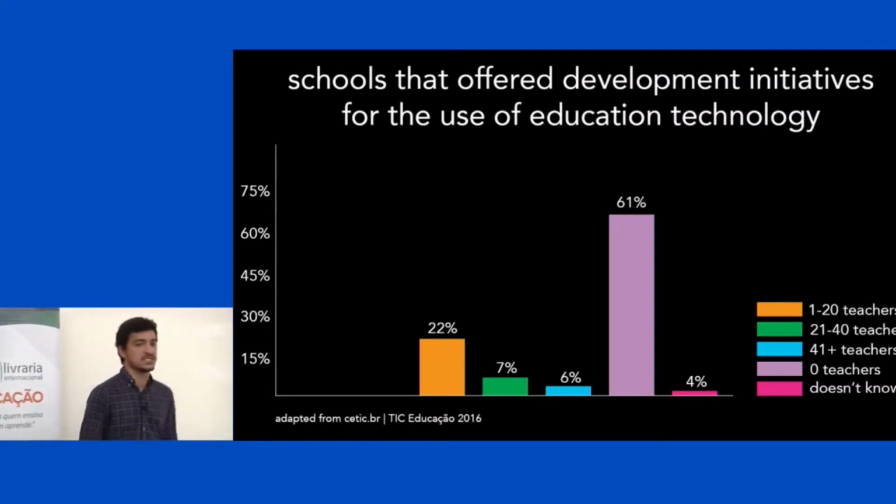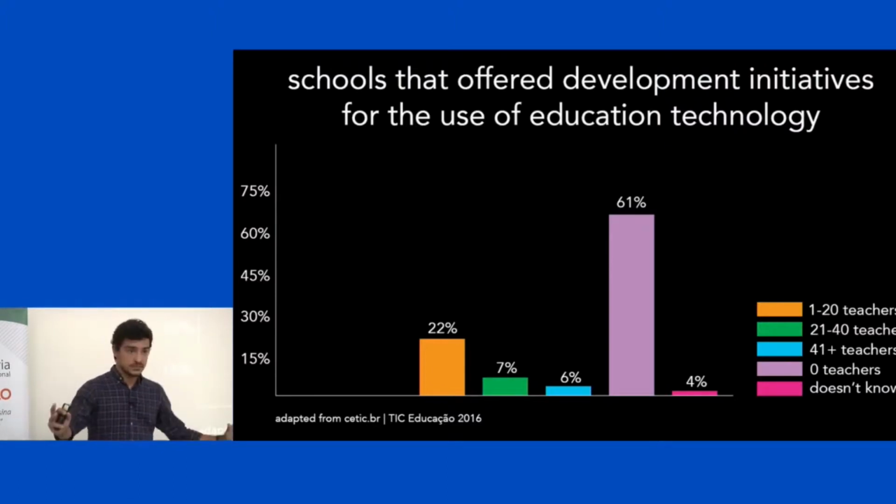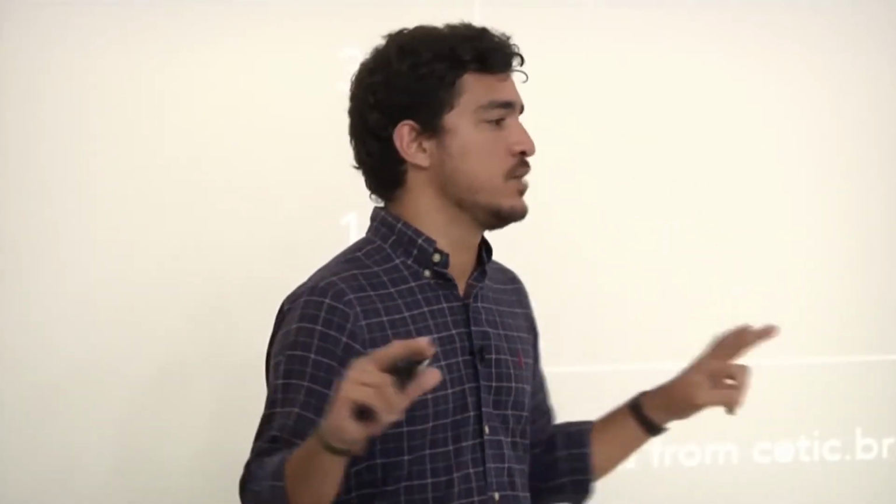This figure is for schools whose average is of about 50 teachers, okay? So out of 50 teachers, in each of those schools that were researched, this data is from Cetic. Cetic is a non-governmental organization, an NGO, and they research the internet in Brazil, and they are like the official body responsible for all the data that exists when it comes to the internet in Brazil.